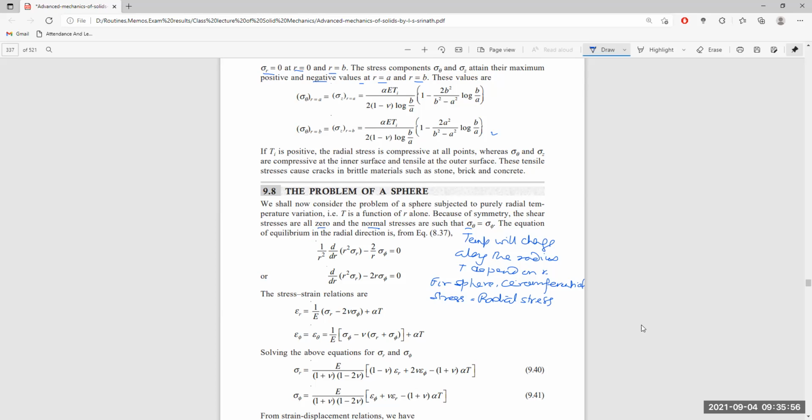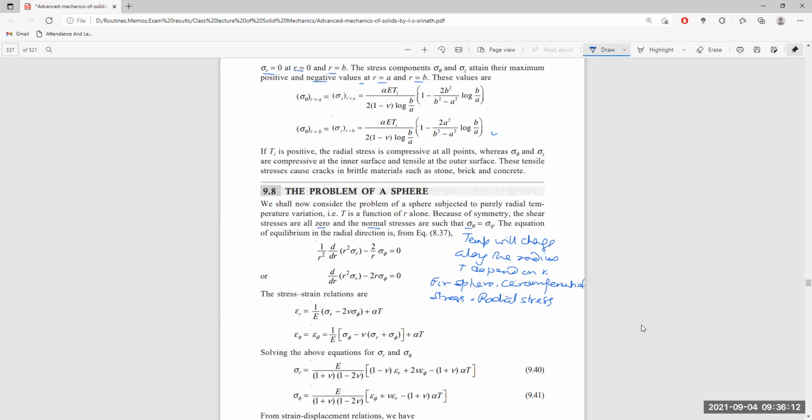And epsilon phi, the strain induced in the circumferential direction, is 1 by E, sigma phi minus nu into sigma r and sigma theta, plus alpha T itself.